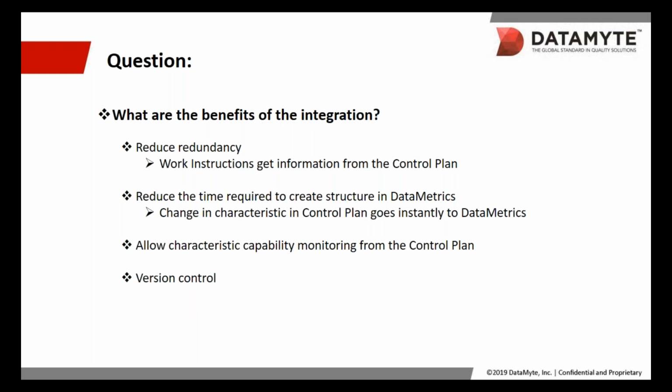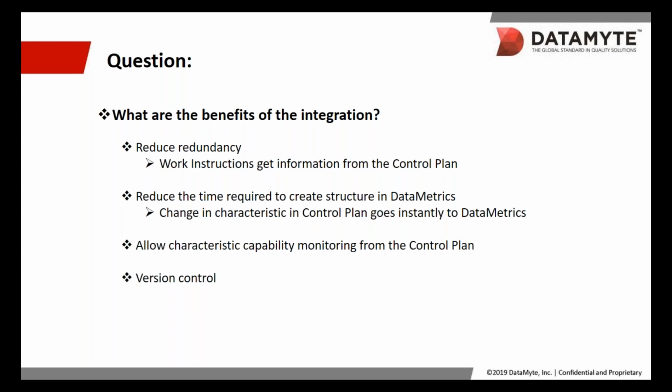Then we would go back to the synchronization screen and update that information, and we would still have the choice as to whether we want to publish and synchronize that information downstream to DataMetrics. So it's entirely possible that we might have a delay in when we want the update carried forward down to DataMetrics, but we can manage that as well. It doesn't have to be an immediate synchronization.